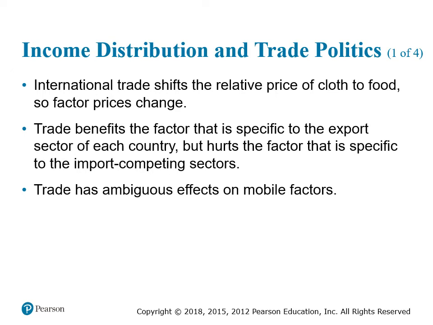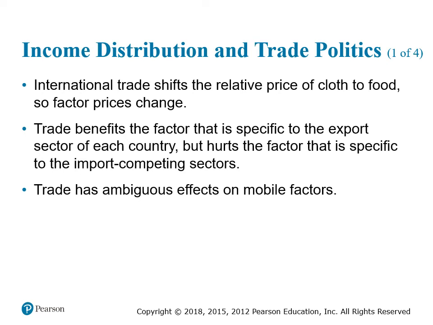And trade has an ambiguous effect on mobile factors. For example, it's not clear if the labor will be positively or negatively affected after engaging in international trade. Why? Because labor, according to this concept, is mobile, so it can go from one sector to another.